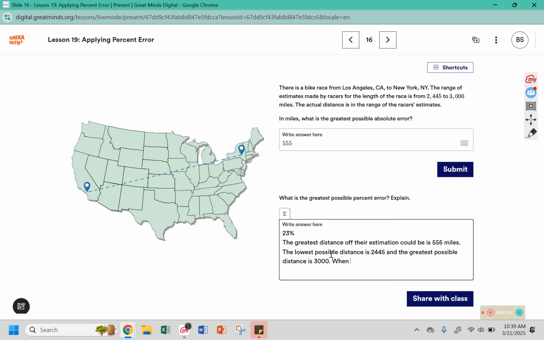When we calculated the error, the percent error, in both cases, the greatest percent error was about 23%.